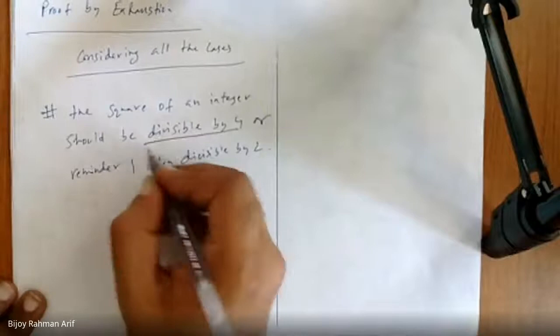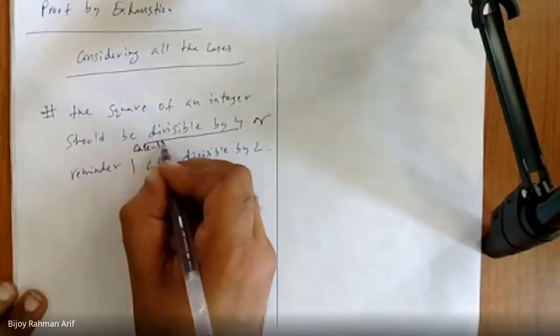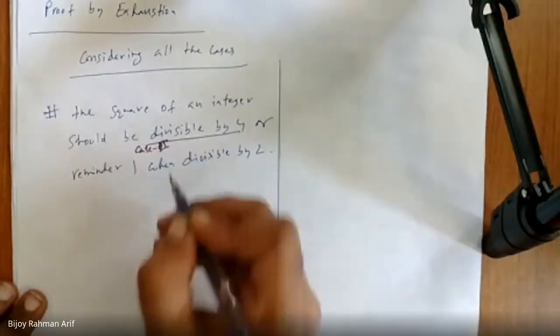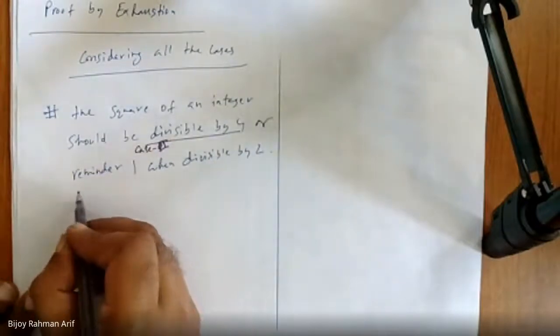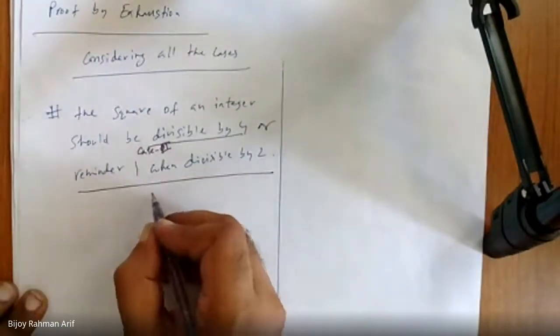So we already see here we have two cases. It is either divisible by 4, case 1, or remainder 1 when divided by 4, case 2.